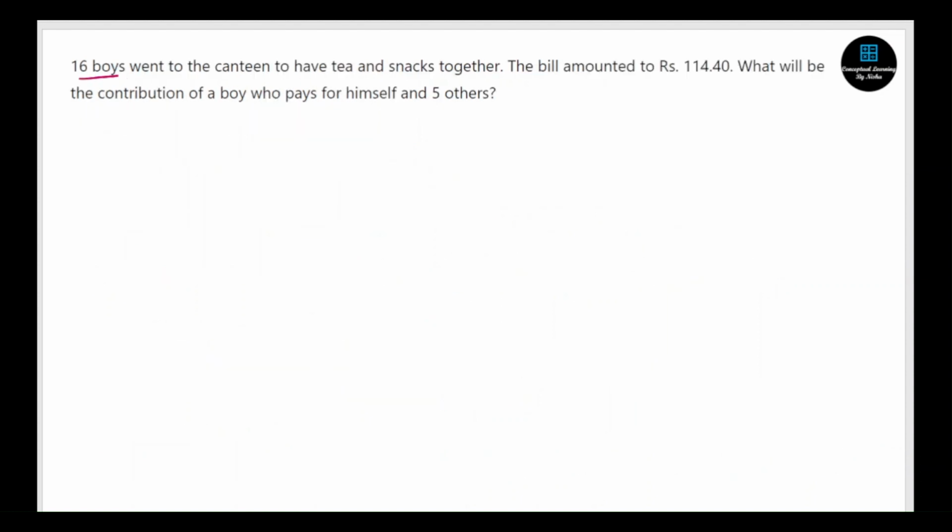16 boys went to a canteen to have tea and snacks. The bill amount was this much. So what is the contribution of a boy who pays for himself and 5 others? All right. So first of all, the amount for 16 boys equals 114.40 rupees.